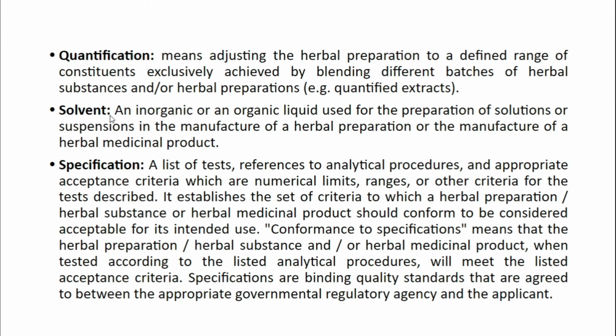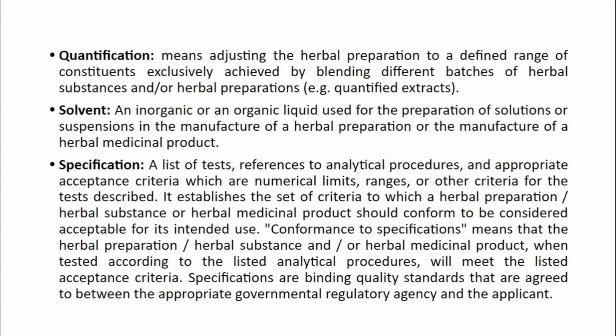After that, there is solvent, an inorganic or an organic liquid, used for preparation of solution or suspension. So when we take the herbal substance like leaf, root, etc., we do some process and make the herbal preparations. At that time we use solvents, and the most common solvent is water, and then there is ethanol, methanol, acids like acetic acid, hydrochloric acid, sulfuric acid, and bases like sodium hydroxide, potassium hydroxide.